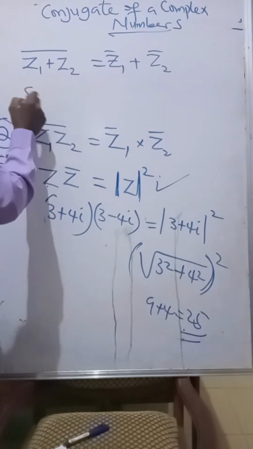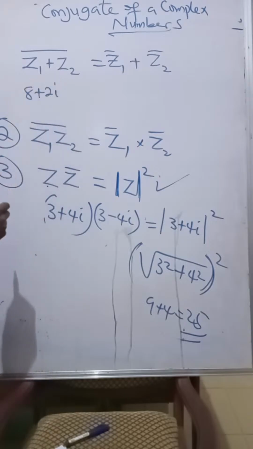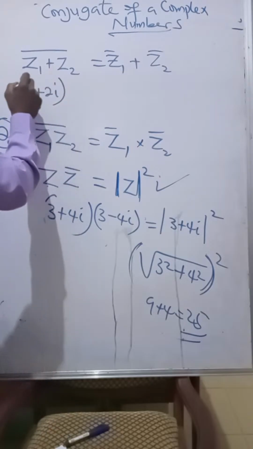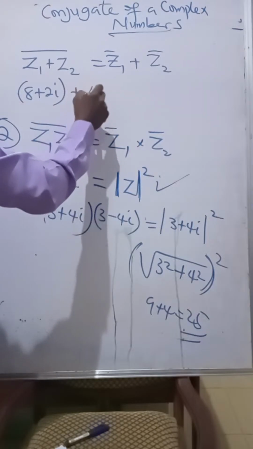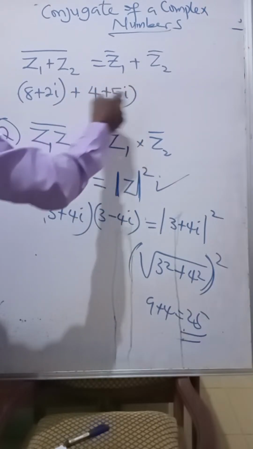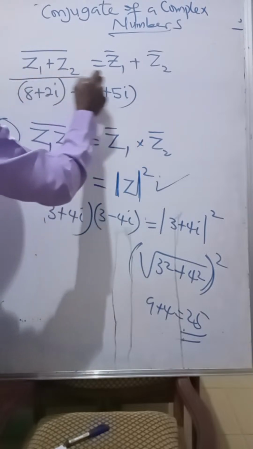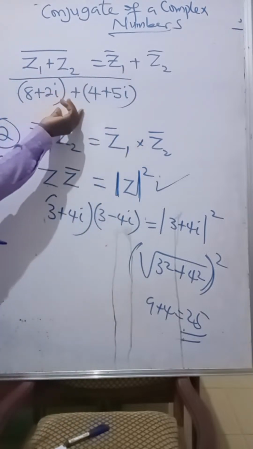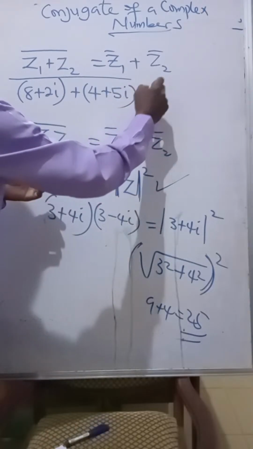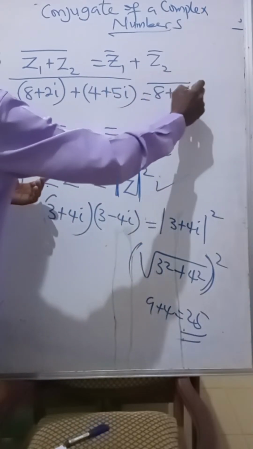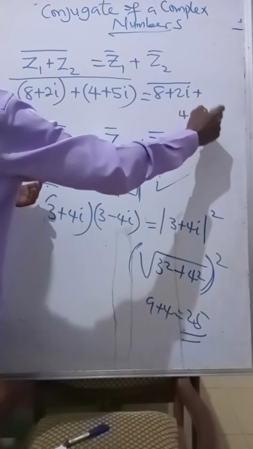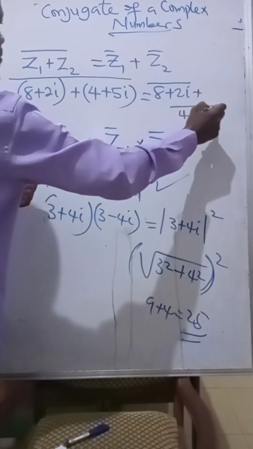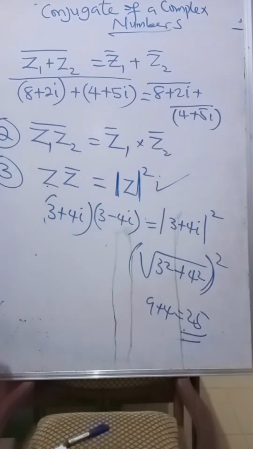You have 8 plus 2i, that's your first complex number, plus another one, maybe 4 plus 5i. The conjugate of the sum of those two complex numbers will be the conjugate of 8 plus 2i plus the conjugate of 4 plus 5i. So that's the properties of the conjugate of a complex number.